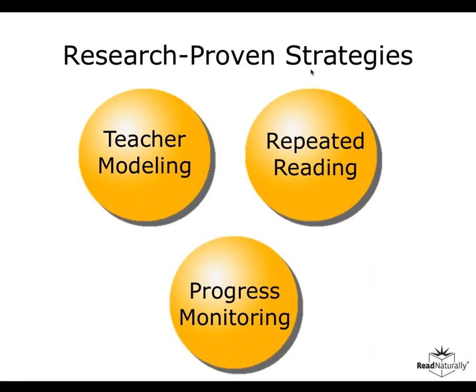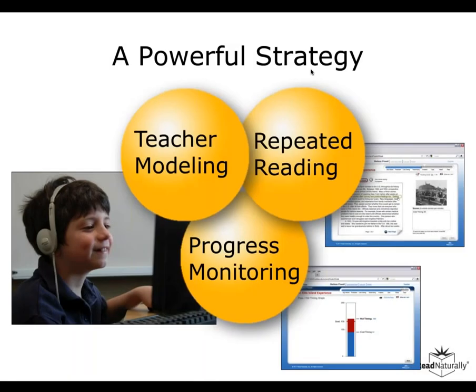They're able to track that with charts and graphs and other visual and audio cues built into the program. And the teachers also are able to track progress with data capture and reports. We combine those 3 components into the powerful Read Naturally strategy that I'll be demonstrating for you.